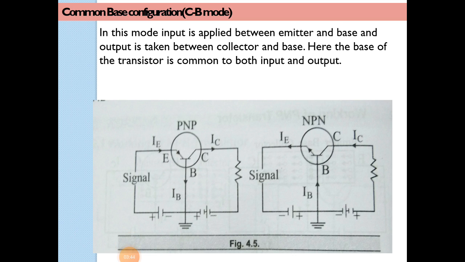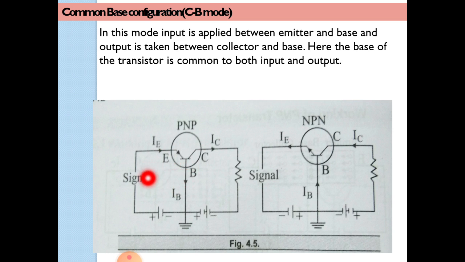Common base configuration, CB mode. In this mode, input is applied between emitter and base, and output is taken between collector and base. Here the base of the transistor is common to both input and output. Now see in this figure, this is the circuit diagram of PNP transistor, and this is the circuit diagram of NPN transistor.